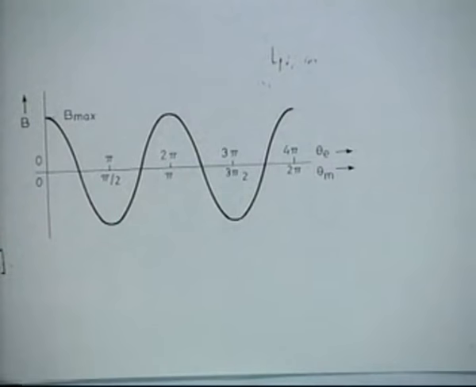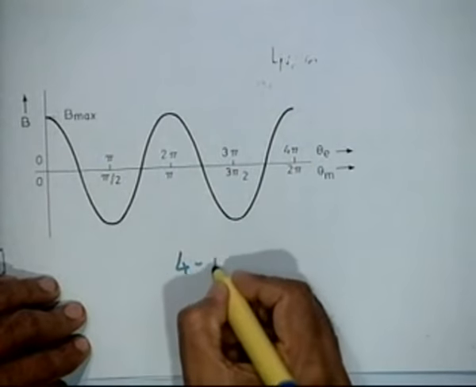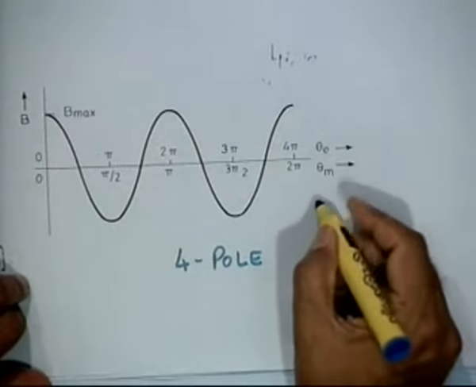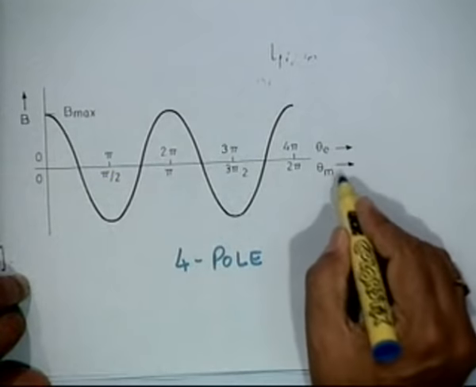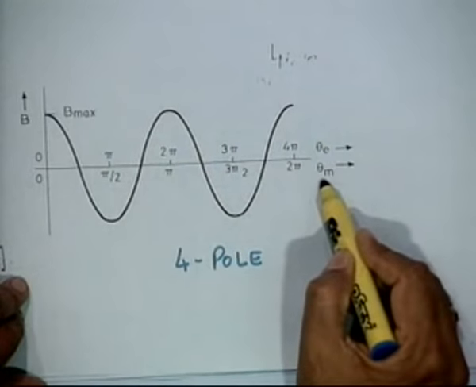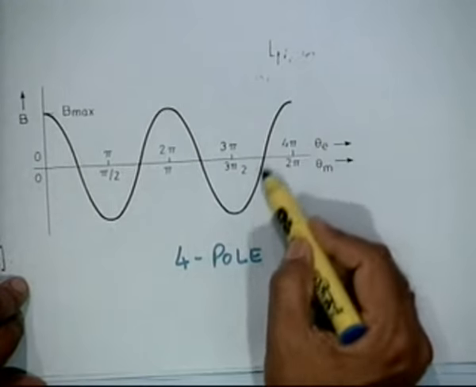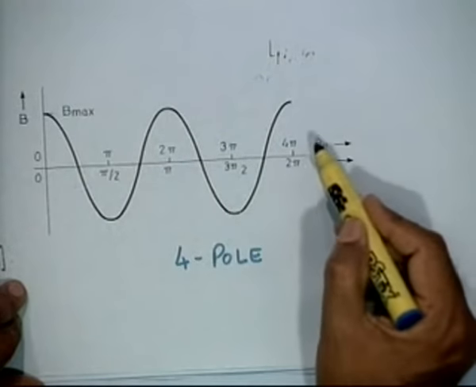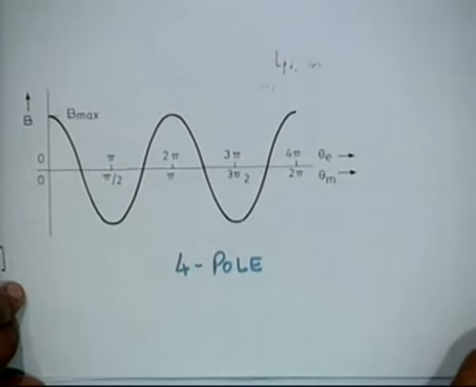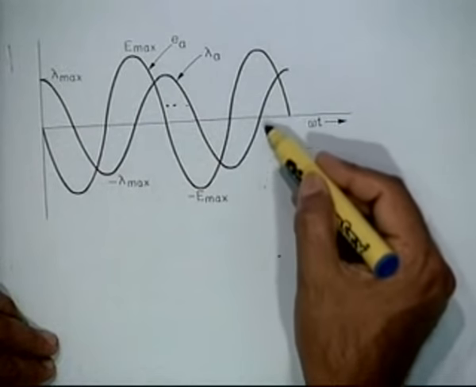If you have a 4-pole machine, the same thing we can say, but the angle will be electrical and mechanical. B max will go through 2 cycles. When the mechanical angle is 2 pi, the electrical angle becomes 4 pi. So you can have any even number of poles to produce the AC voltage. In that case, your lambda max will go through 2 cycles.